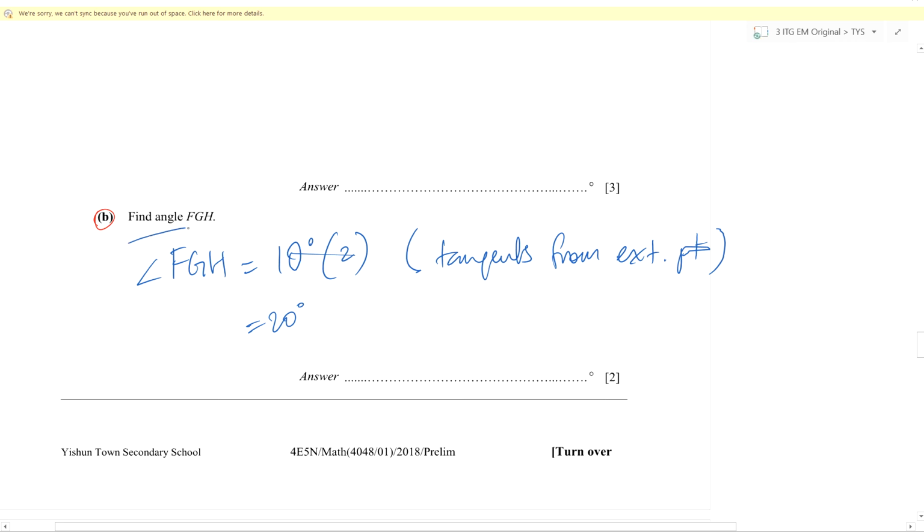And of course before this, you need to show angle FGJ equals 180 minus 40 minus 130, angle sum of triangle. So this part gives us 10 degrees. That's where the 10 came from. You can multiply by 2, but if you don't know the reason, we have to deduct the mark.